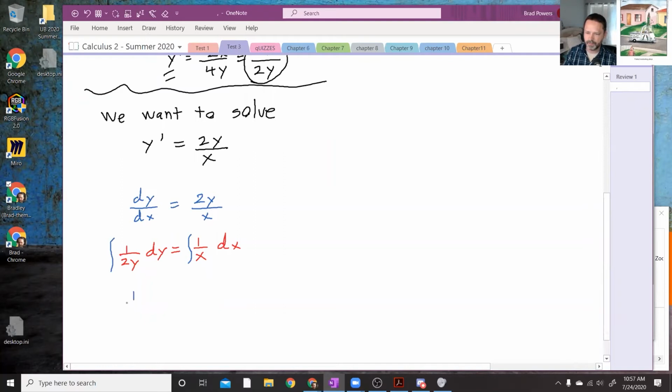I get ln of 2y, and I think that would be a half, actually, this time, is equal to ln of x plus c. And we could solve for y here. And so I think our book does want us to.